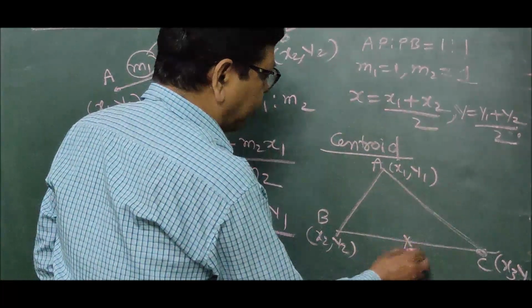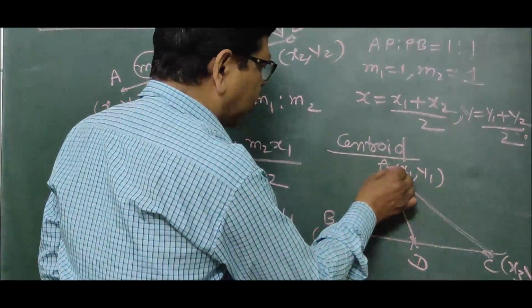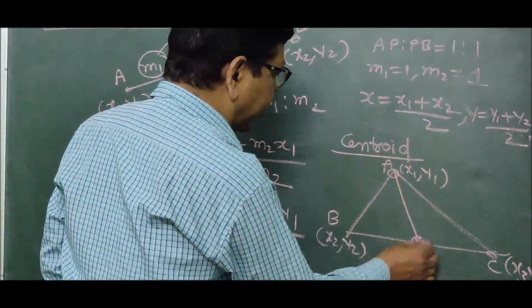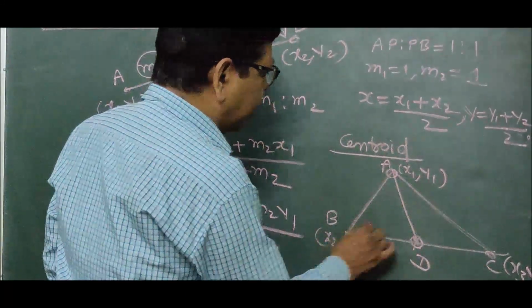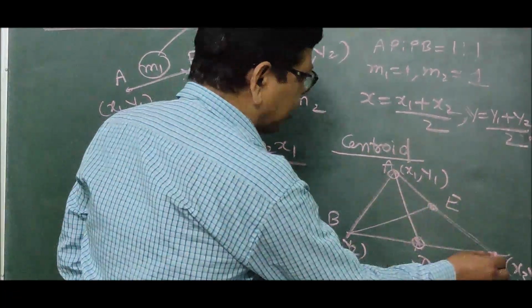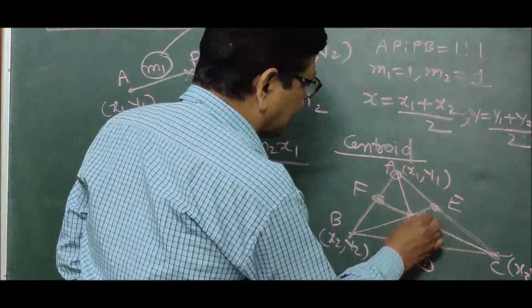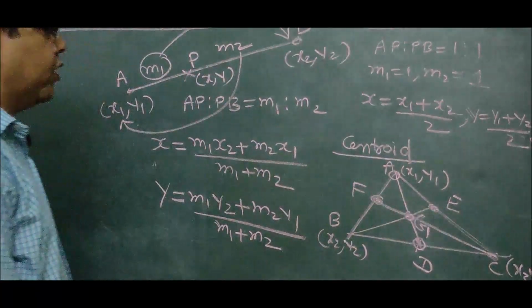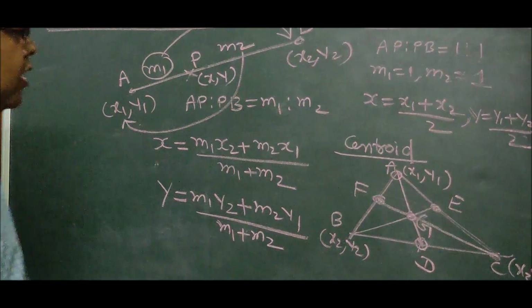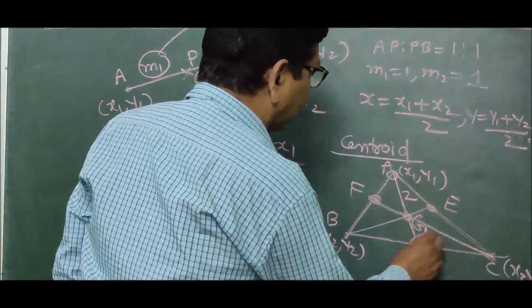Let the midpoint of BC be D. Then AD is the median, joining the vertex to the midpoint of the opposite side. BE is another median, and CF is the third median, and these medians intersect at the point G. Point of concurrency of the three medians is known as centroid. It divides each median in the ratio 2:1.